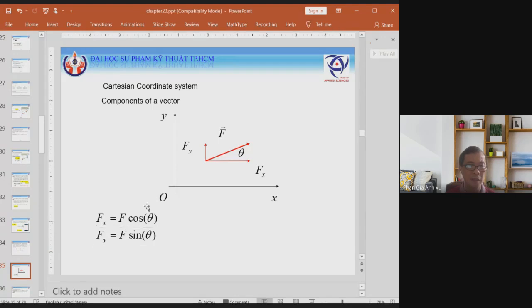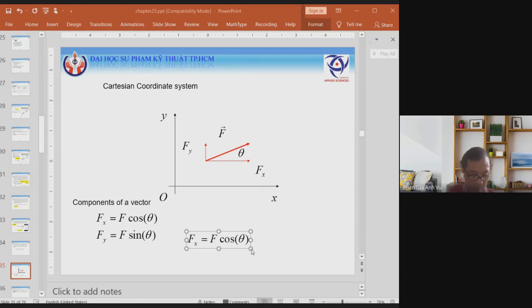Okay, these are the two components of the vector. So how can I write it together? I can write the force F vector is Fx i plus Fy j, where i and j are the unit vectors of the x and y axes.